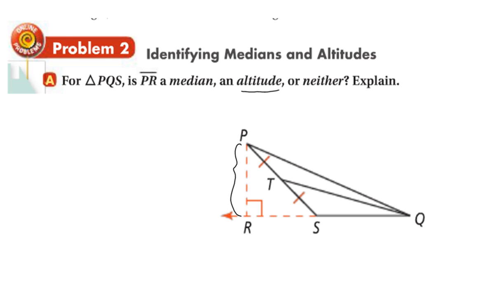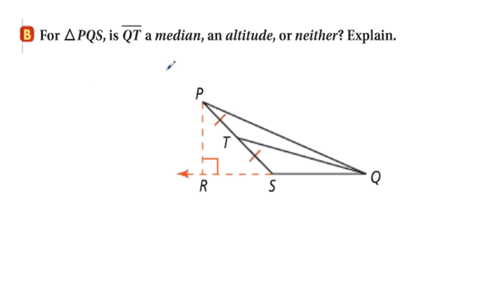Let's take another example. For triangle PQS, is QT a median, an altitude, or neither? And explain. Okay, so let's see. QT is this side right over here. Well, let's see. It's drawn from a vertex, okay, but it is drawn to the midpoint of the opposite side.